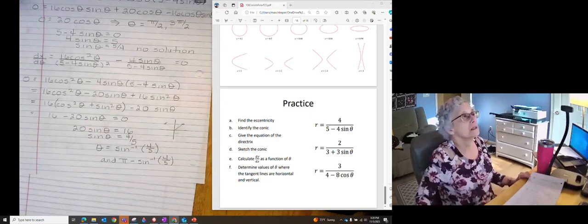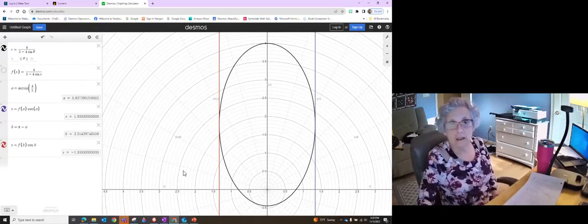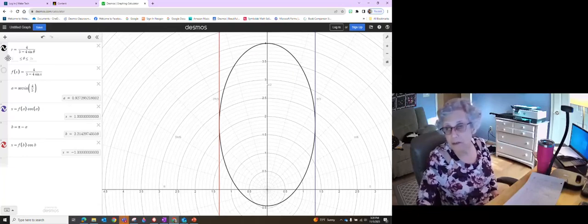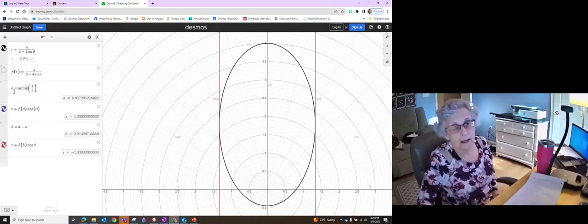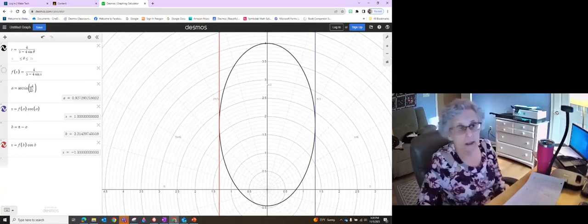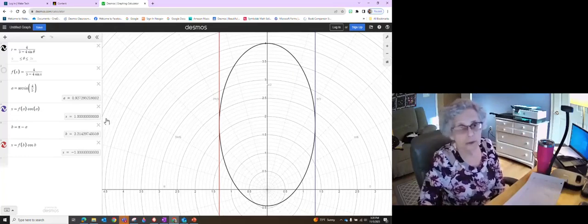And because I like to make sure I'm right, I put those things into Desmos. So first I just graphed the function. Then I made myself a little function f of x so that I wouldn't have to plug that in over and over again. I made a variable named a that was the arc sine of 4/5.